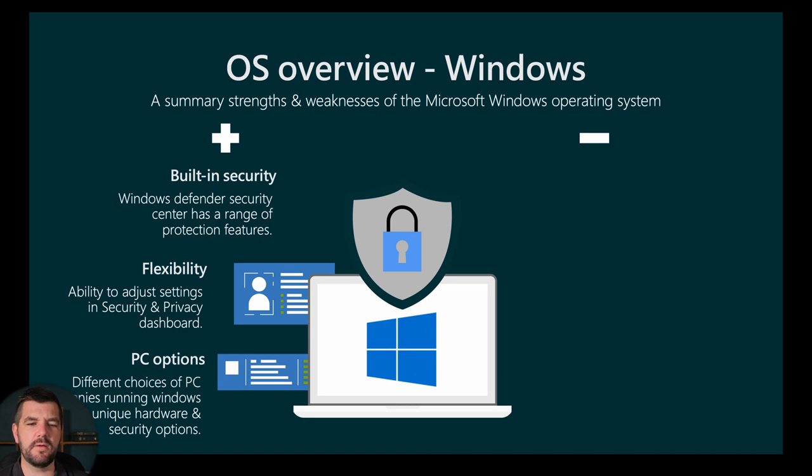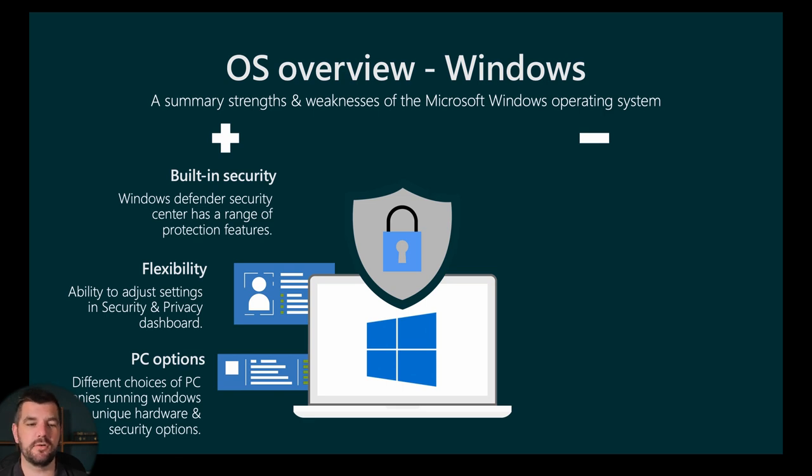Windows has great built-in security features. Back in the day when you bought a Windows machine, it would always come bundled with some kind of antivirus software. You had to buy third-party antivirus software, whether that was Norton, Kaspersky, Trend Micro, something like this. Nowadays, Windows has their own antivirus and cyber defense system built in, and it's called Windows Defender.